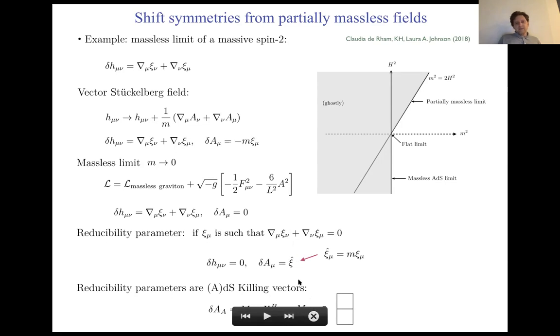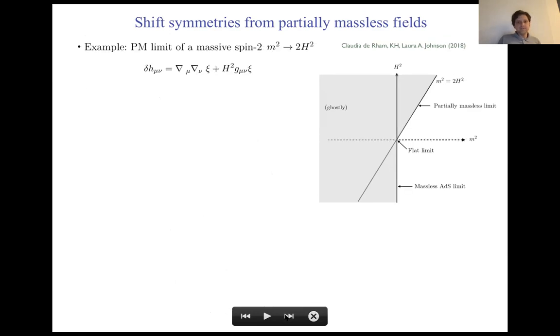The ADS Killing vectors can be parameterized in an embedding space by some big antisymmetric tensor, and that antisymmetric tensor is indicated by this Young tableau here. So there's 10 of these symmetries for 4-dimensional de Sitter.